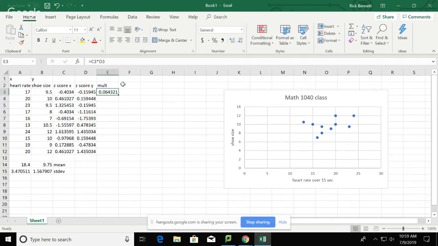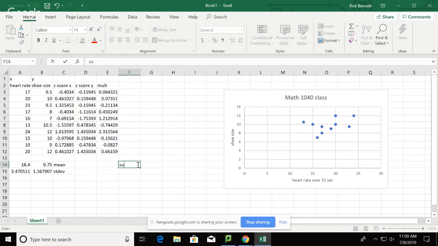No, that's correct. Okay, copy that down. The next step is what, Christian? Find the sum. How do I do that? Auto sum, very good. I hit my little sigma thing. Got a sum of 3.58.